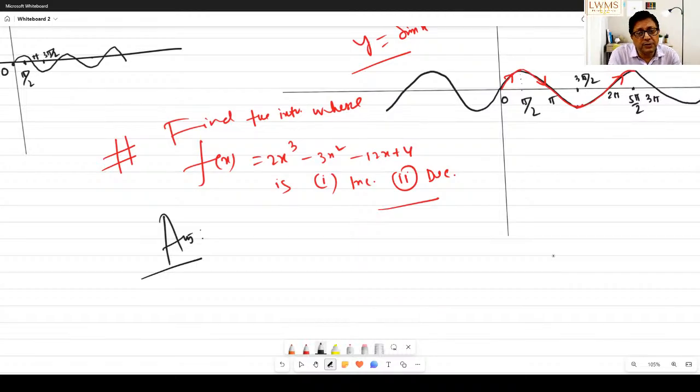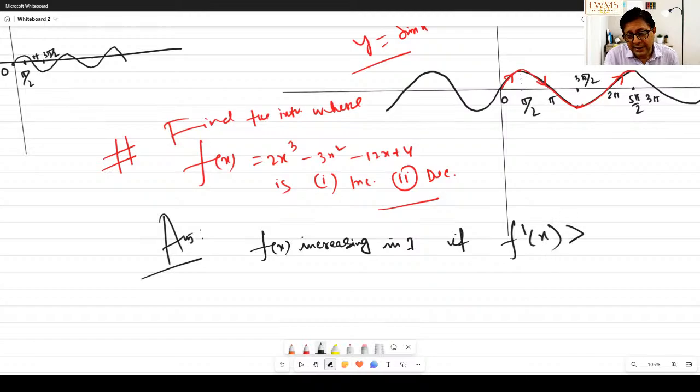So for an increasing function, what happens? f(x) is increasing on I, or in I, if f dash x greater than 0. This implies 6x square minus 6x minus 12 greater than 0.